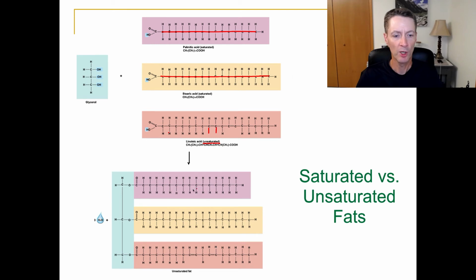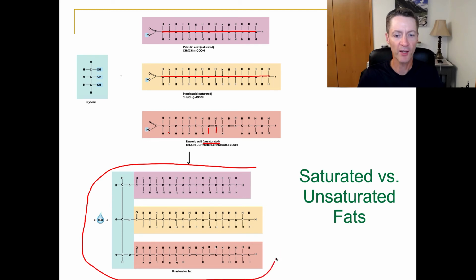Okay, so we'd refer to this molecule down here, where we bound it to glycerol, as an unsaturated fat. Why? At least one of the fatty acids has this double bond, right? Two bonds form between these carbons instead of having hydrogens sticking off the side. Okay? So this will be the reason for saturated versus unsaturated when we talk about fats.